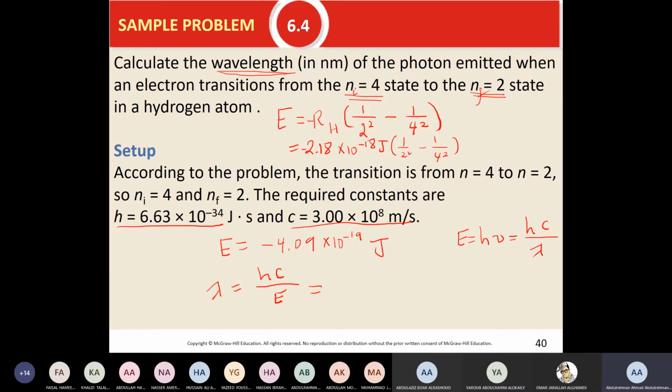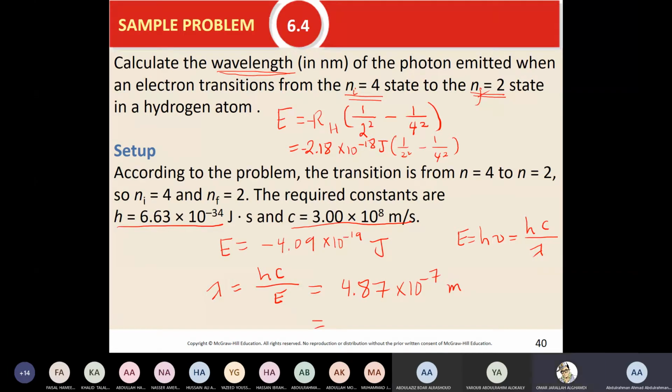What's the answer? 4.86 or 4.87 times 10 to the power minus 7 meter. So it is 4.87. Yes. Okay. Who got the same answer? This is meter. Yeah, the same answer.